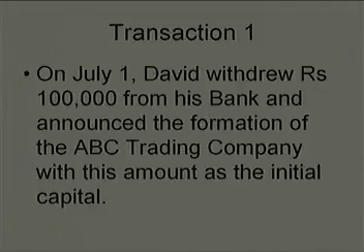I have put a rider as of July 1, because I told you that balance sheet is a snapshot kind of a thing. So, you have to specify as on what date, because tomorrow it may change. That is why it is very, very important to specify the date at which you have drawn the balance sheet.